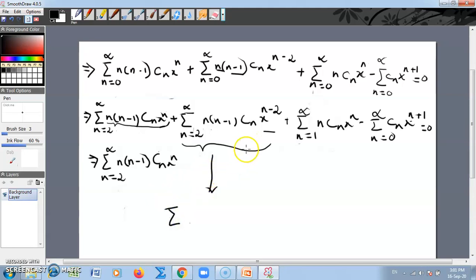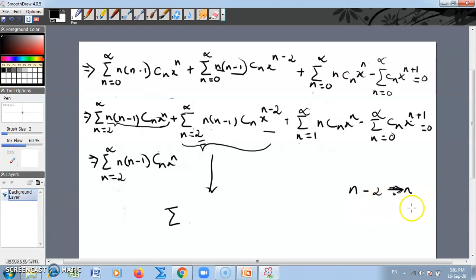To make x to the power n minus 2 just x to the power n, that means n minus 2 has to become n, then what will happen to this 2 here? Will it not start from 0? Because n minus 2 has become n, or will become n in the next term.